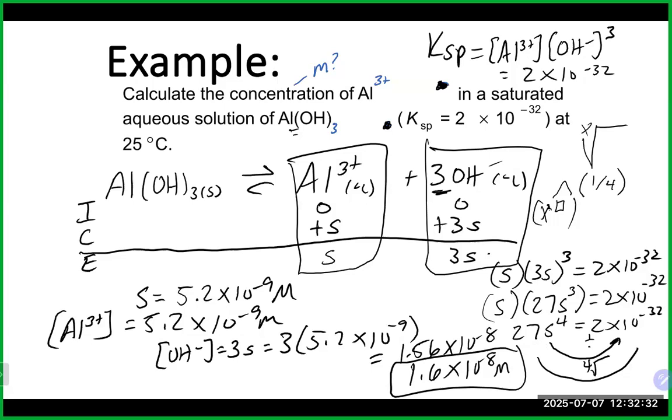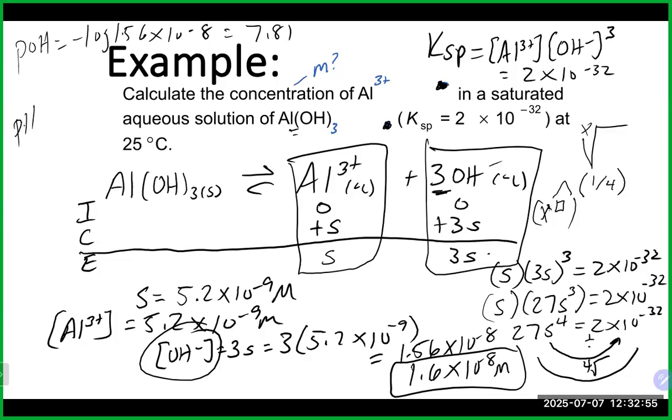which, by the way, since that is hydroxide, if I was curious of the pH of this solution, I could also calculate the pH of this. I could get the pOH by taking minus the log of 1.56 times 10 to the minus 8. And that would get me, in this case, a pOH of like 7.81.